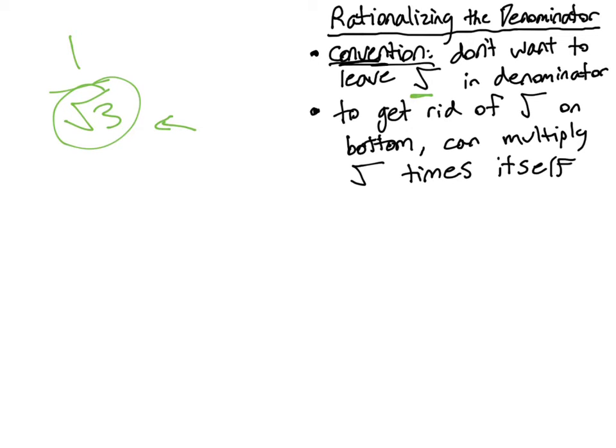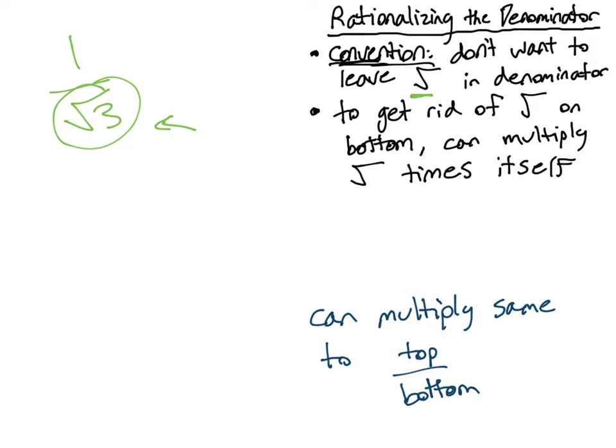Well, if we want to change a fraction, we know that we are allowed to multiply something into the top and bottom of a fraction, the numerator and denominator, as long as we multiply the same factor to the top and bottom. So how can we cancel out a square root by multiplying? Well, by definition of a square root, any square root of a number times itself just equals that number.